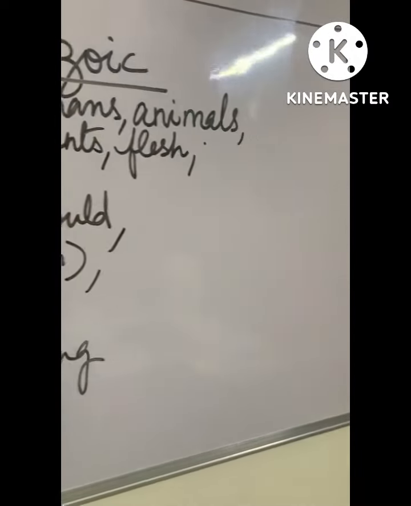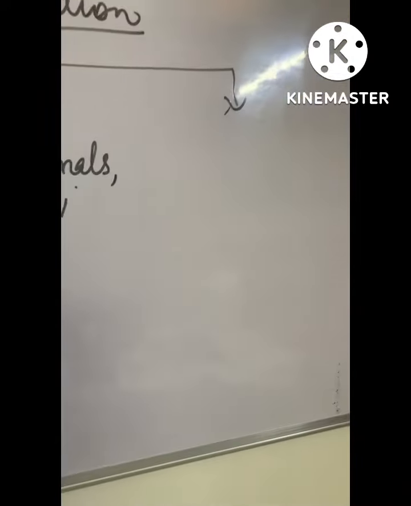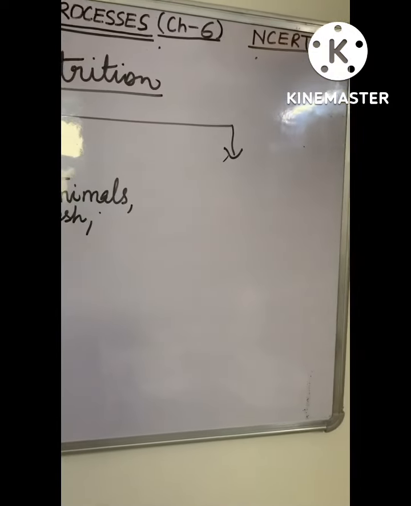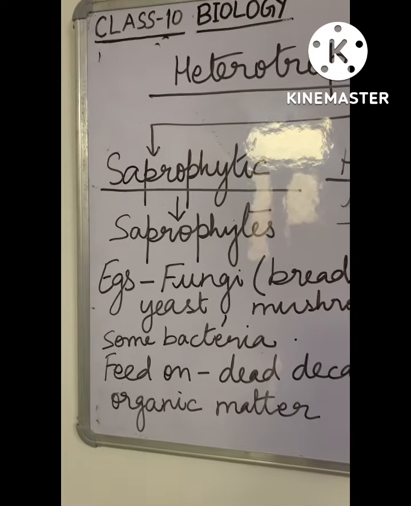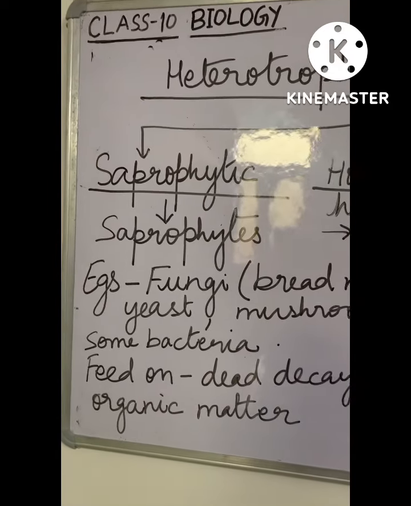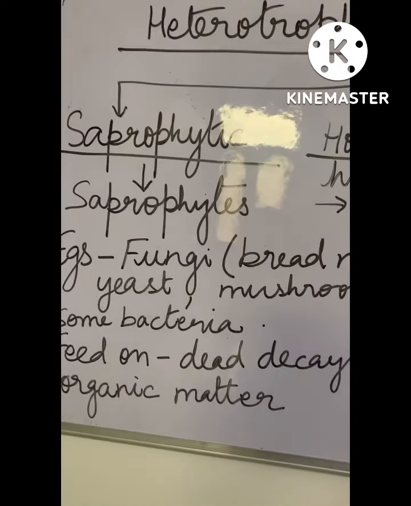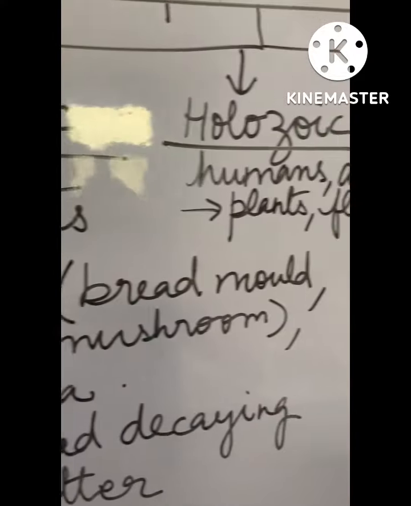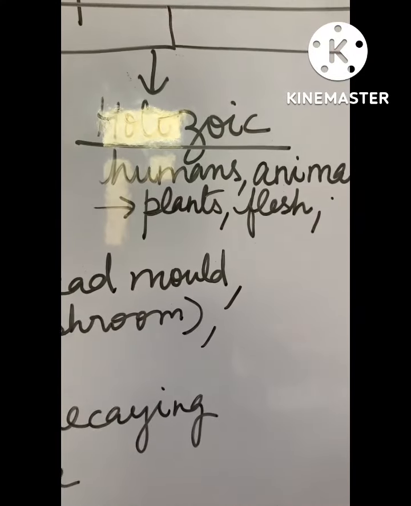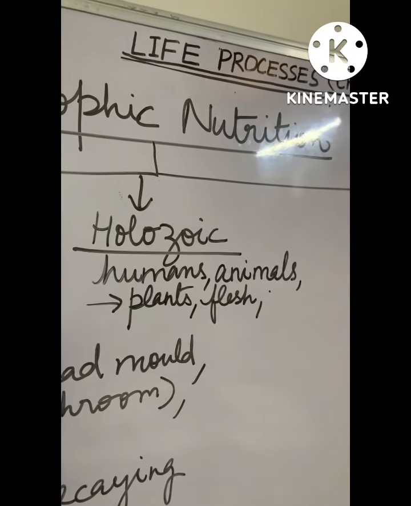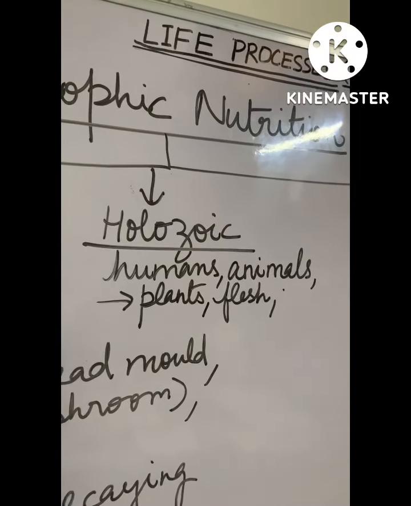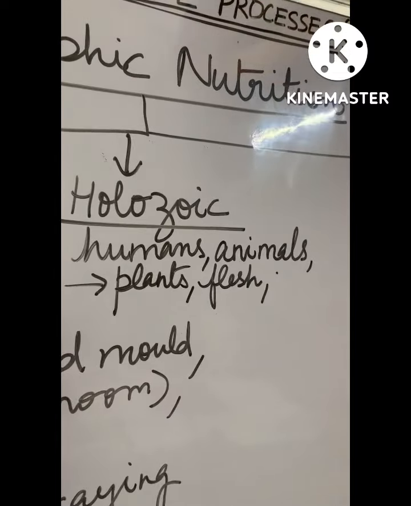So then children, we come to the third option. What can be the third mode of nutrition? The first was that the food was broken down outside the body and then absorbed inside their own body. The second was that the whole food was taken inside and broken down inside only.